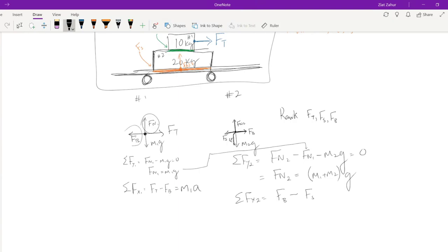And those are the only forces we have on block number 2 in the x-axis, and that is equal to m2a. Alright, so we should have everything we need.